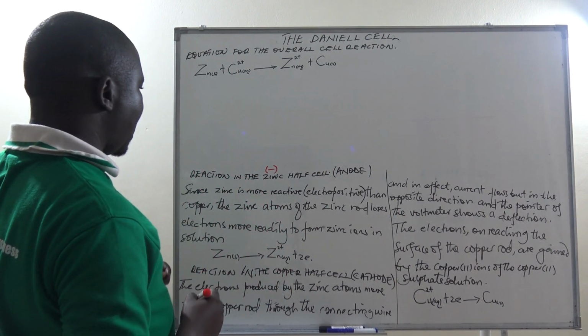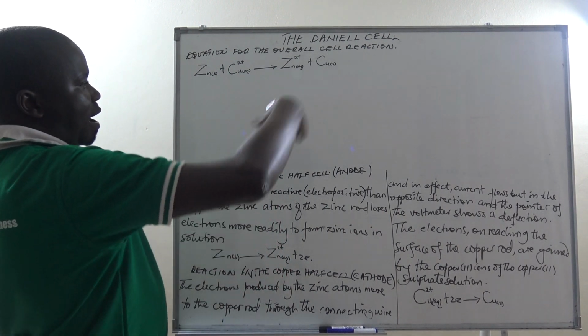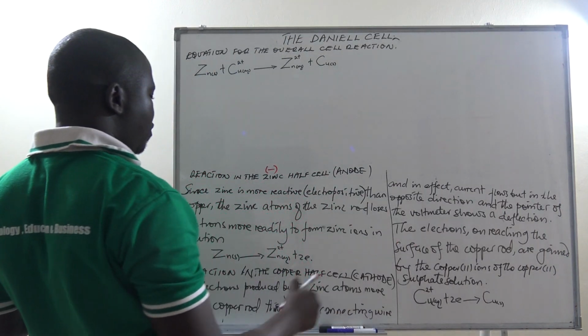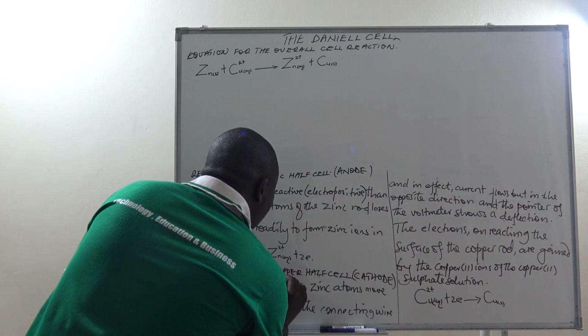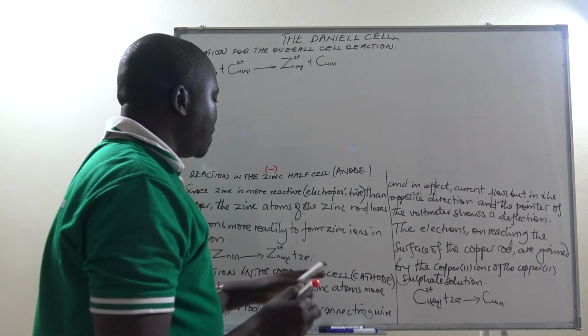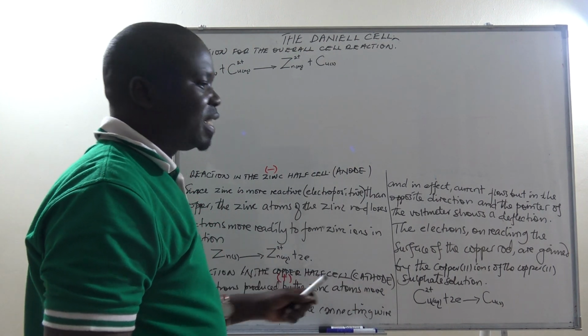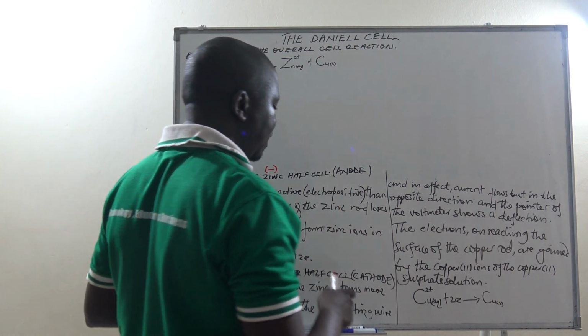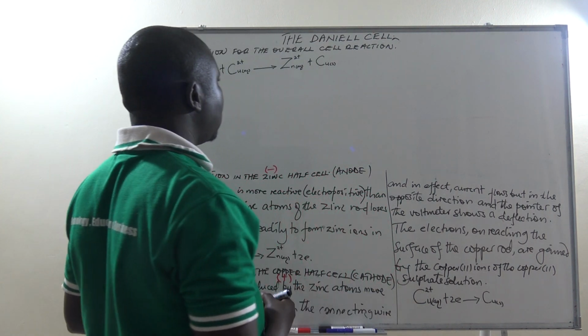It has a negative sign because that's where electrons are produced and then repelled towards the copper rod. So the copper rod becomes our positively charged electrode in this case, but it has got the name cathode because of the reaction that takes place, that is electron gain or the reduction of the copper 2 ions in the copper 2 sulfate solution.